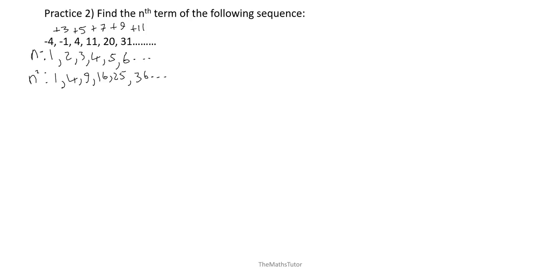To get from 1 to minus 4, you minus 5. To get from 4 to minus 1, you minus 5. To get from 9 to 4, you minus 5, and so on and so forth. So you can now determine your nth term for this sequence is n squared minus 5. And it's as simple as that.